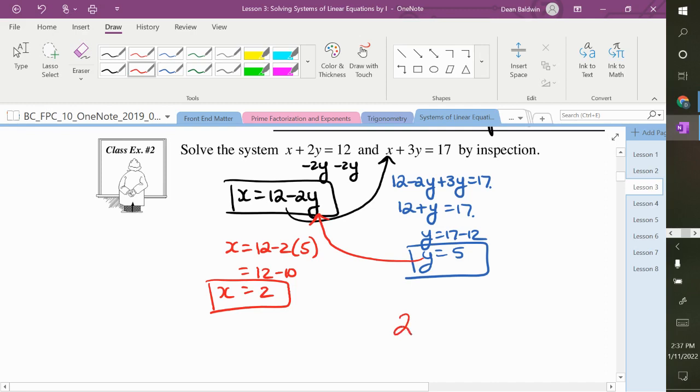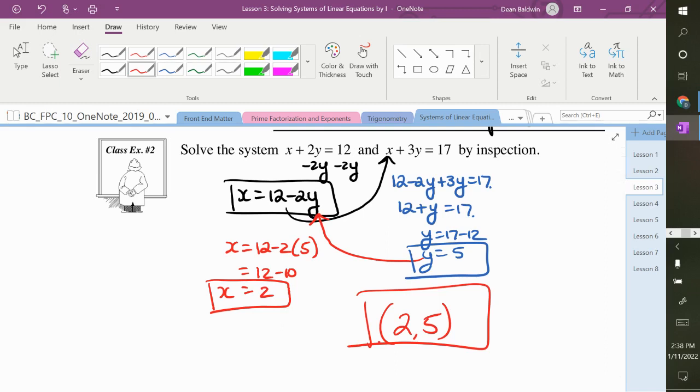And so you write it as an ordered pair of 2 and 5. Okay? Pick a variable. Pick the one that has a coefficient of 1 in front of it. Solve for it. Plug that into the other equation. Solve that. And then take that answer and plug it into the original.